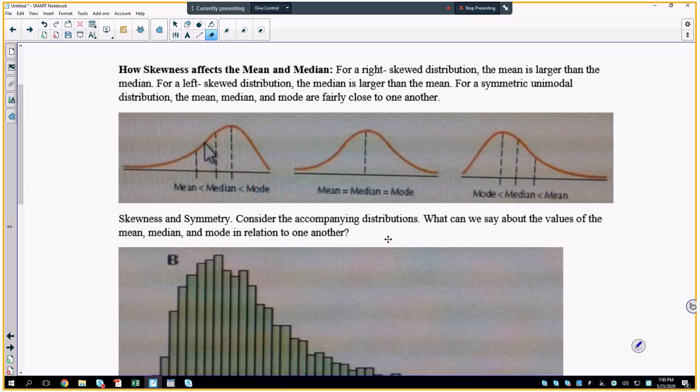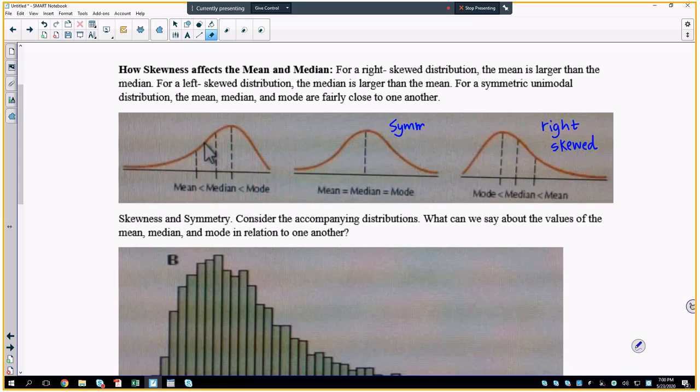For a right skewed distribution, the mean is larger than the median. The right skewed distribution is this one here. And so they've labeled for you the mean might be this one, and the median this one, and the mode is that one. The middle picture is the symmetric distribution.